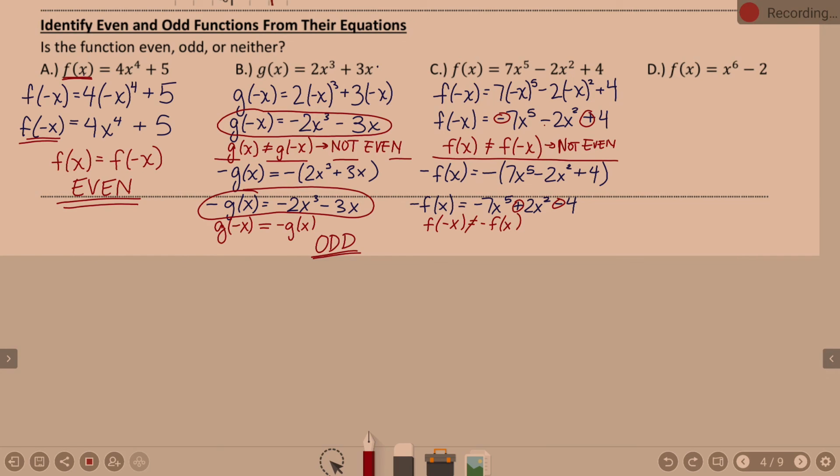No, so that means this is not odd. If it's not even and not odd, then that means it's neither. I don't know. Had some of you guessed it was going to be neither because I've done an even, I've done an odd, so what's the next option? It's got to be neither.